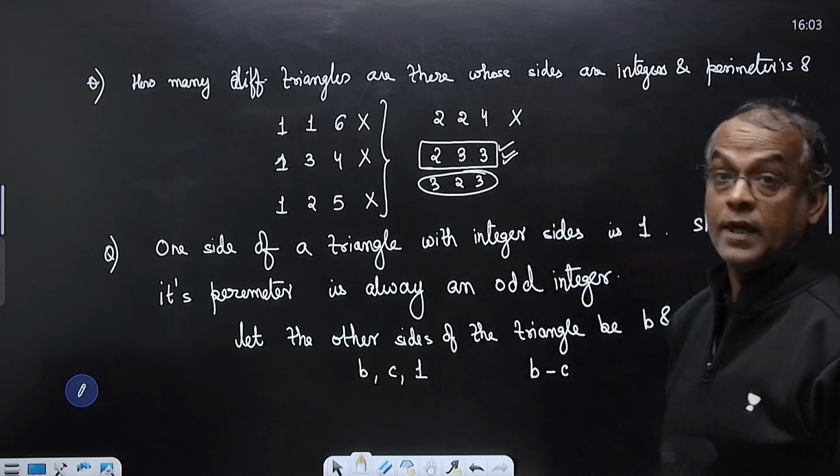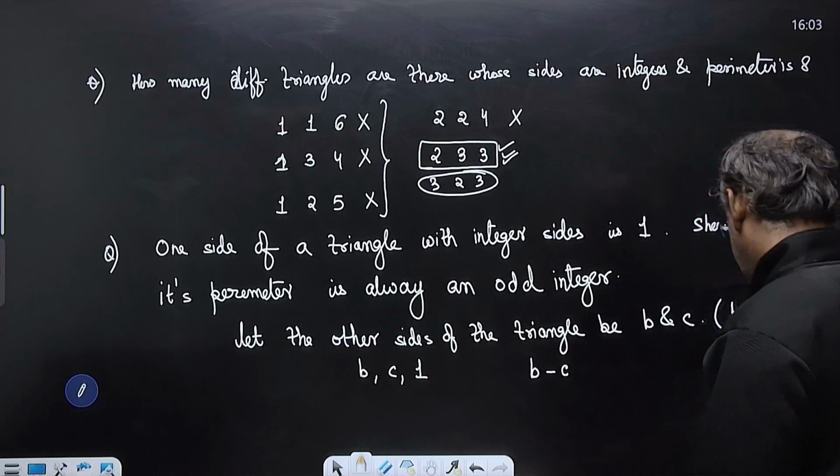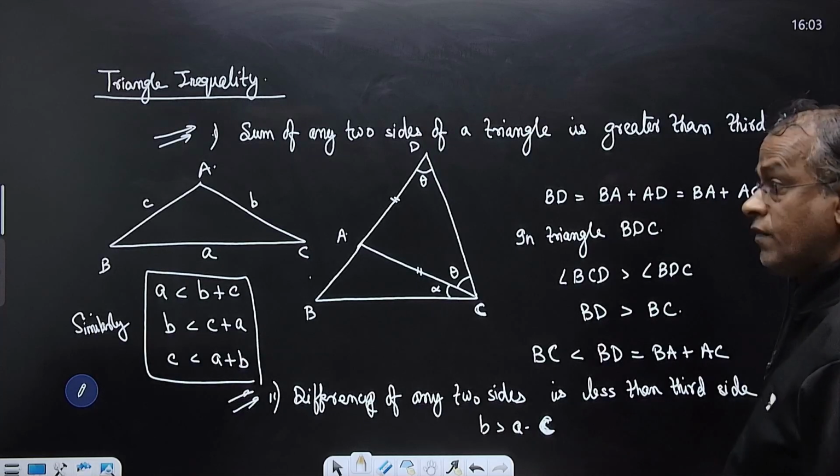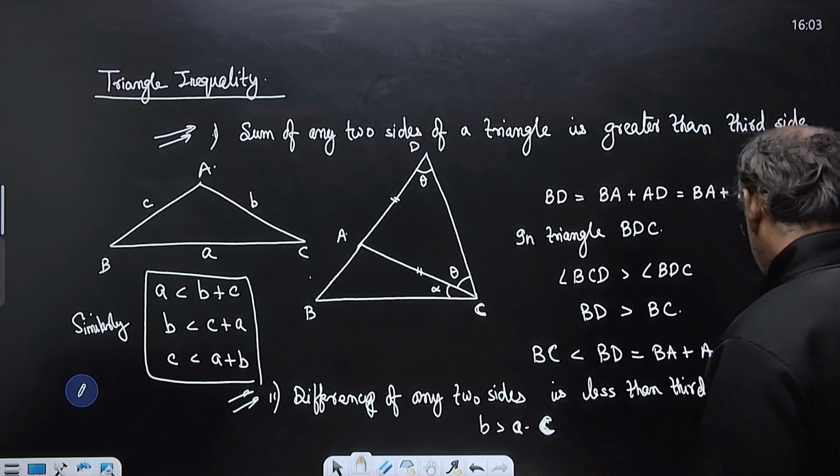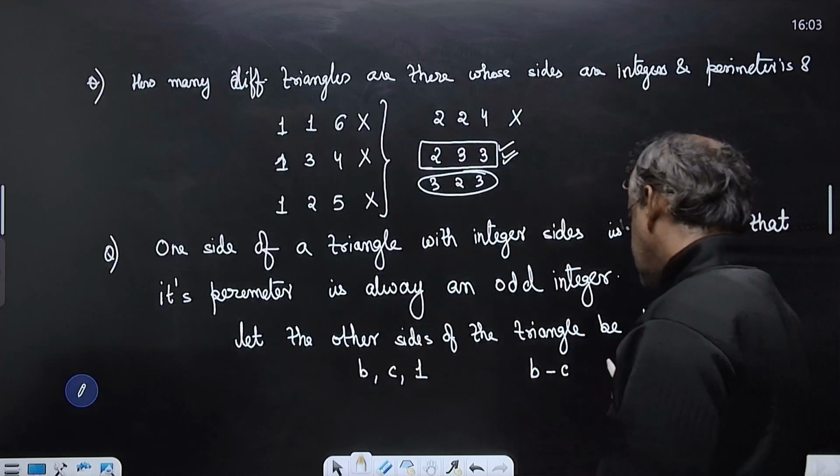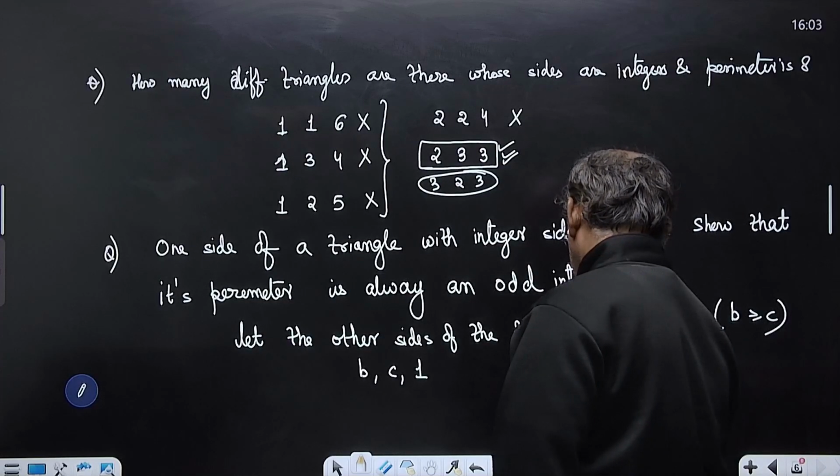What we have seen is that the difference of any two sides is less than the third side. So B minus C is less than 1.